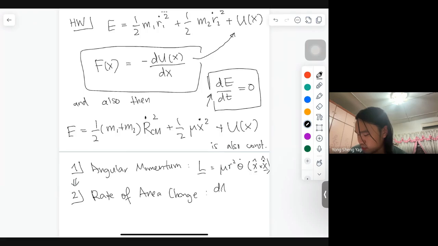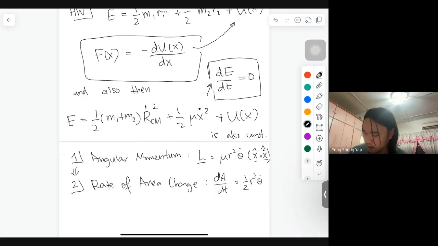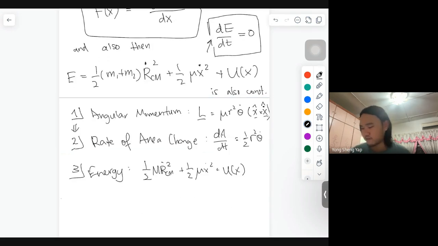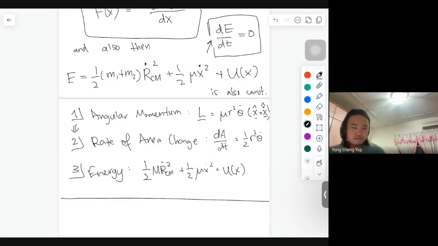So dA/dt equals half r squared theta dot. This is conserved. And the third one is the total energy. I didn't prove this, but I hope you can accept it for now, and you can try to prove it in your own time. So half M r_cm dot squared plus half mu x dot squared plus U of x is conserved. Okay.